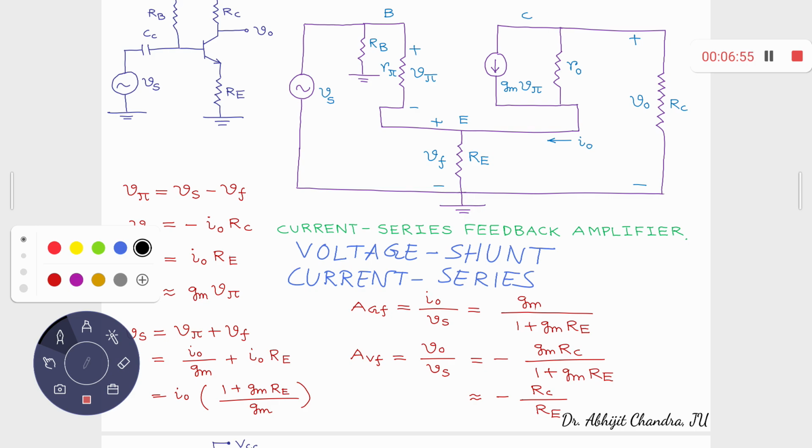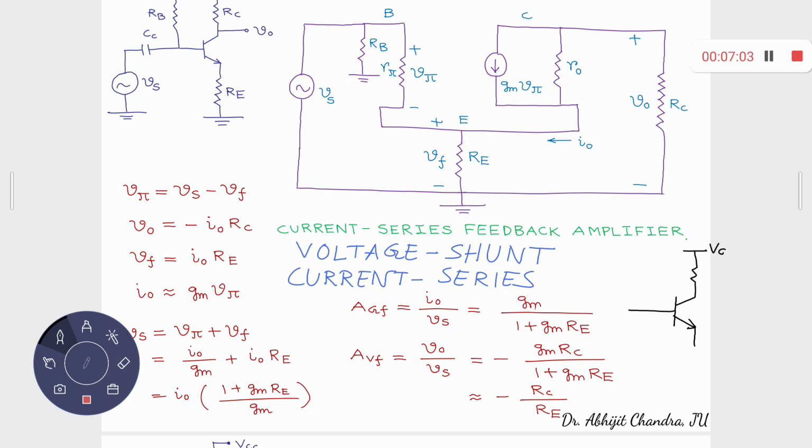As you know, VCC there, RC. So this is the voltage, V out. Let's assume some biasing is already present.